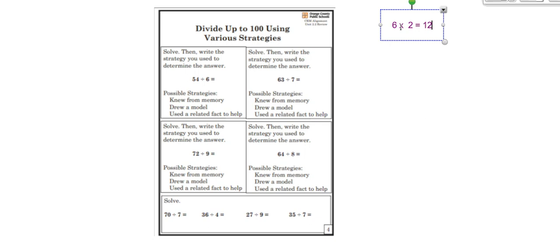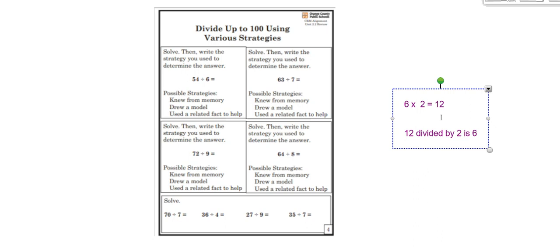That means the same thing as saying 12 divided by 2 is 6, which is the same thing as using this equation, reading it backwards.